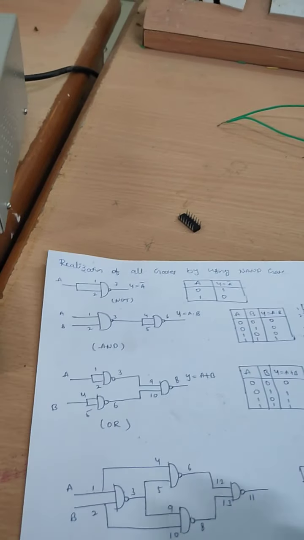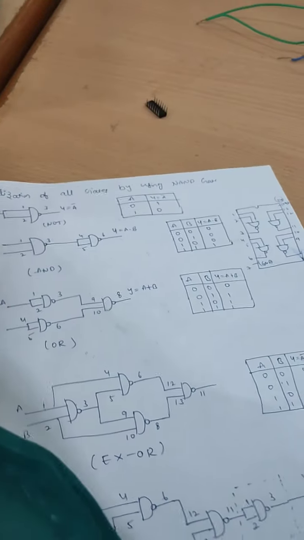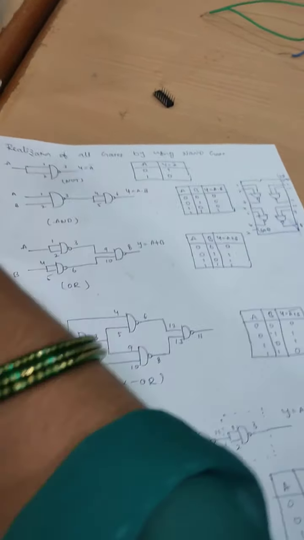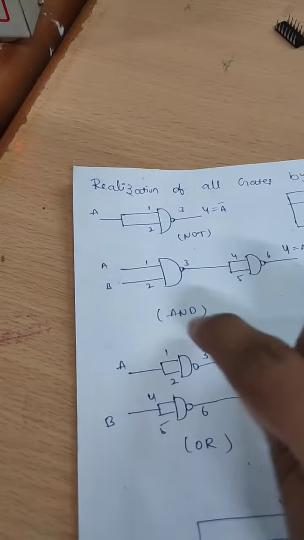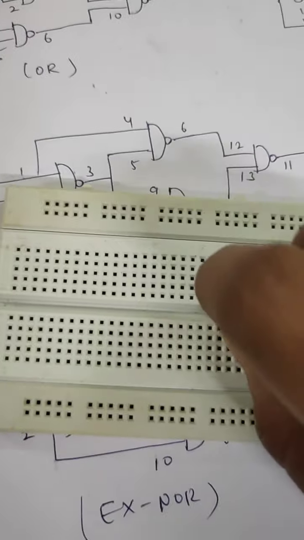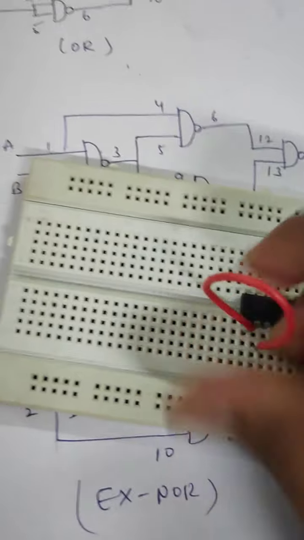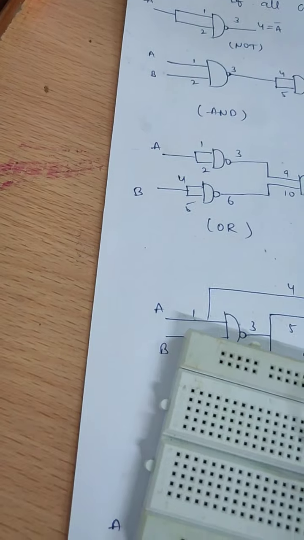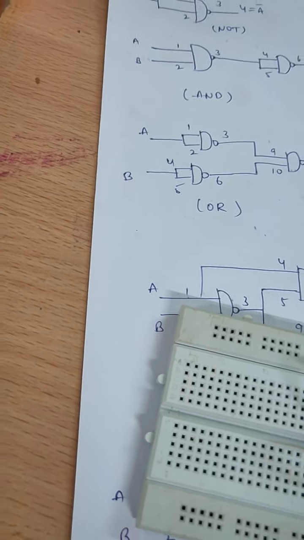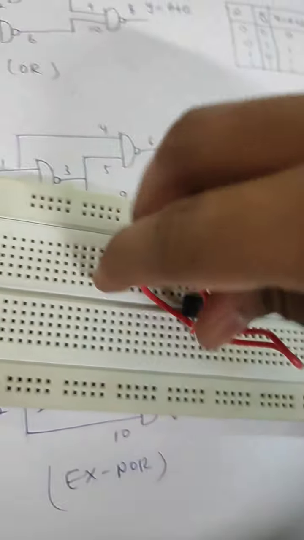That's all. Okay. For example, I am connecting this circuit. So how to connect it on the breadboard? See, here pin number 1 and 2 are short circuited, and pin number 4 and 5 are shorted.